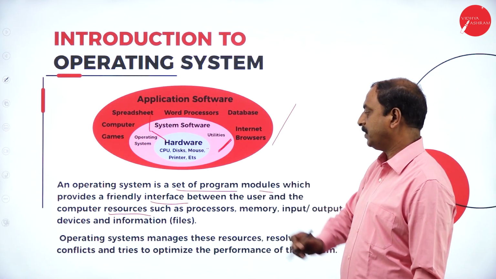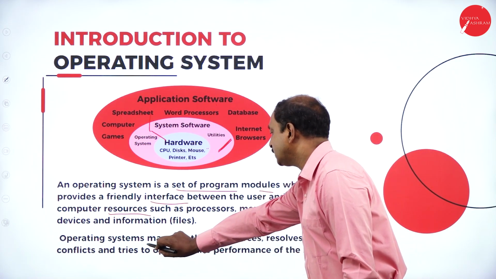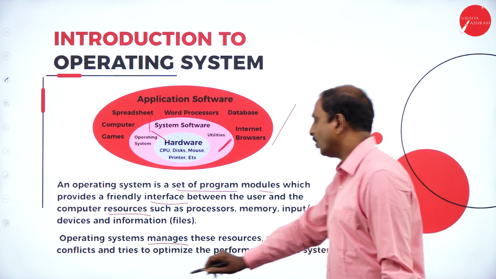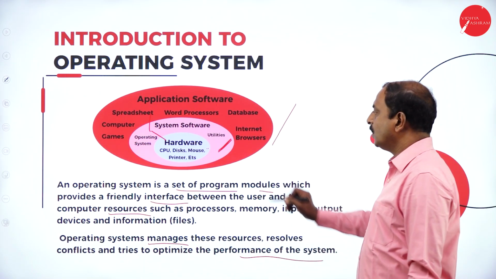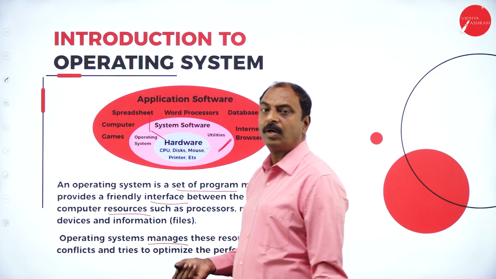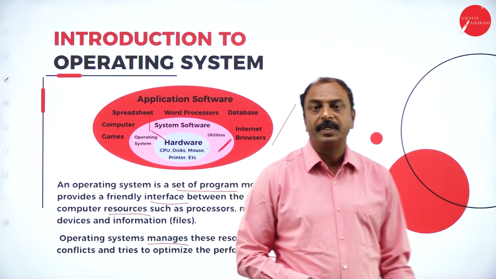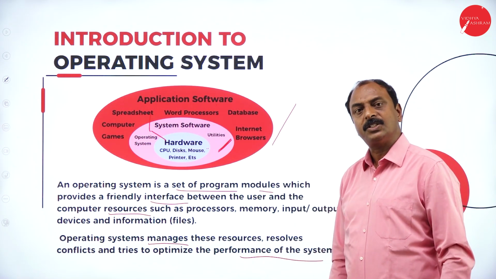So what is its function? It is going to manage these resources, resolve the conflicts, and try to optimize the performance of the system. So another responsibility of the operating system is to optimize the performance of the computer. So this is an operating system.